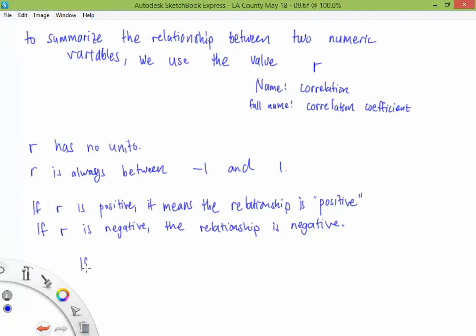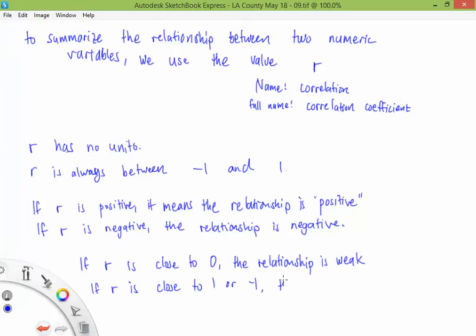If R is close to 0, the relationship is weak. And if R is close to 1 or -1, the relationship is strong.